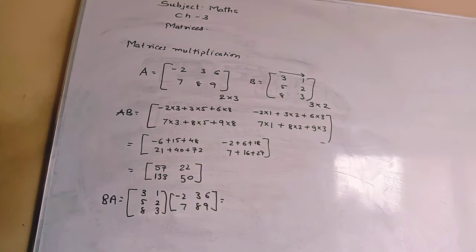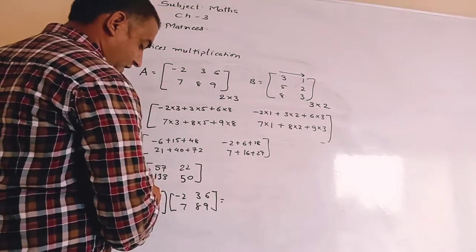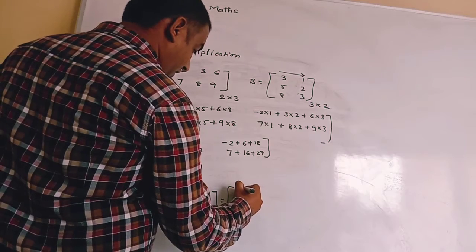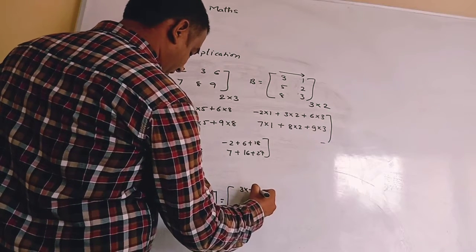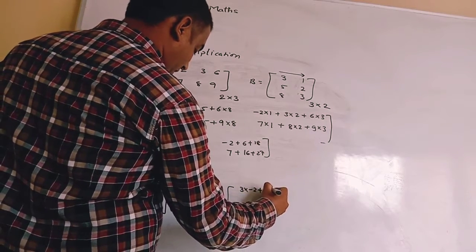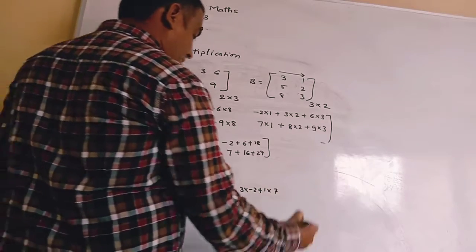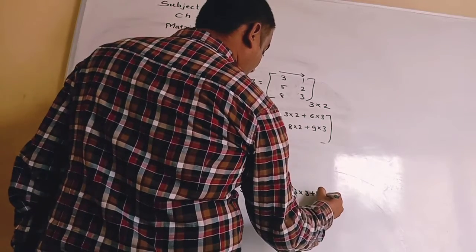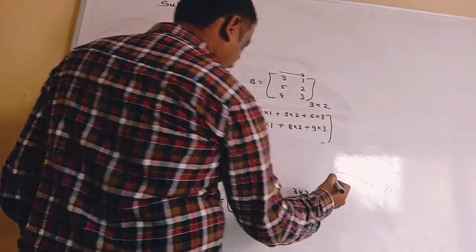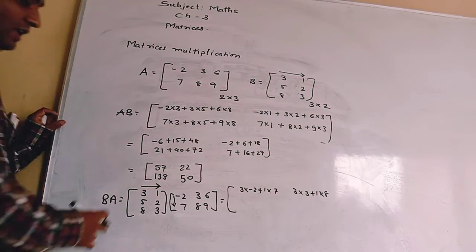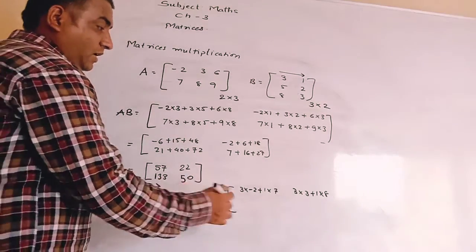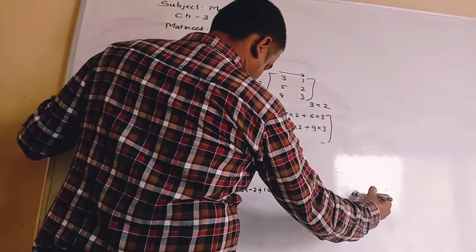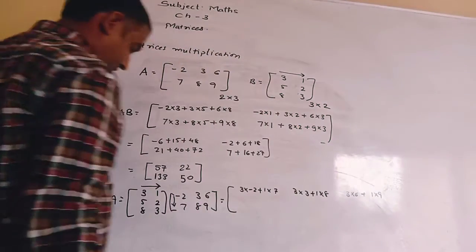Here we multiply, and in this way we go. The first element will be 3 multiply -2 plus 1 multiply 7. The second element will be 3 multiply 3 plus 1 multiply 8. The third element will be 3 multiply 6 plus 1 multiply 9.